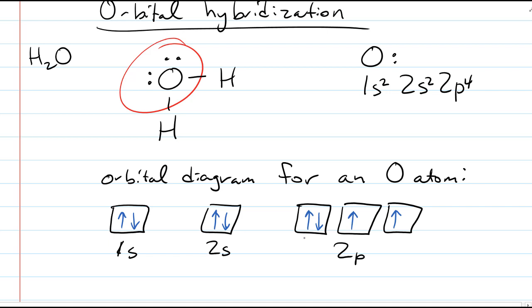Now if you remember anything about the p orbitals, they have three distinct orientations. One lies along the x-axis, one orbital lies along the y-axis, and one lies along the z-axis. And in terms of angles to each other, how do these angles compare in these models? They're at 90 degrees to each other, right?